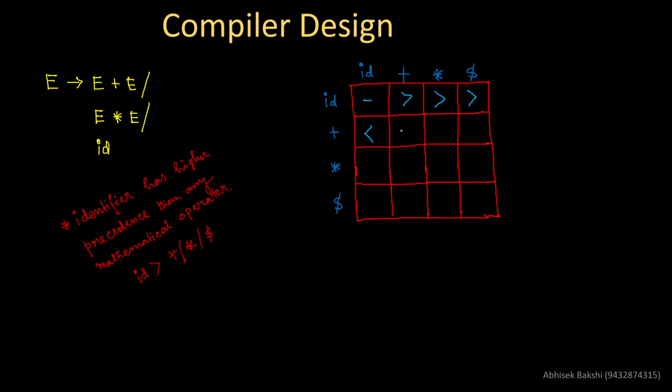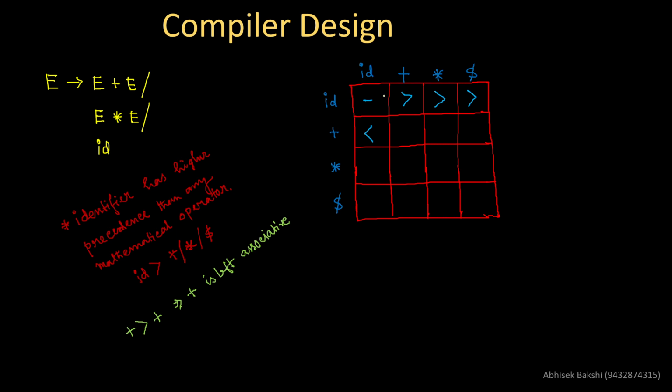The question is, what about plus to plus? Remember one thing, I can write plus is greater than plus. What does it mean? It means that plus is left associative. Why am I saying this? Assume this plus is on the left side, and on the right side you have the plus that is on the column.